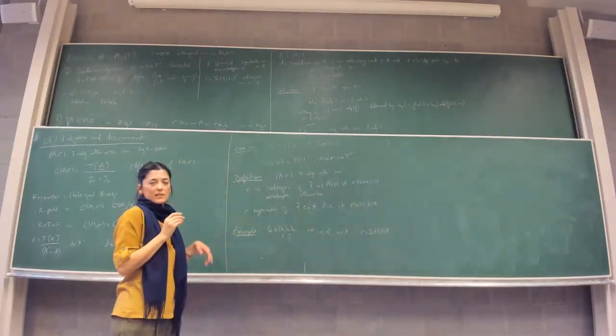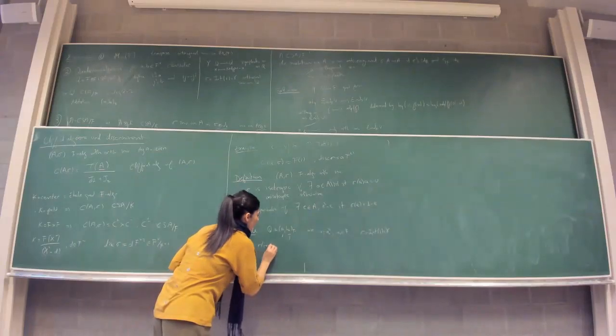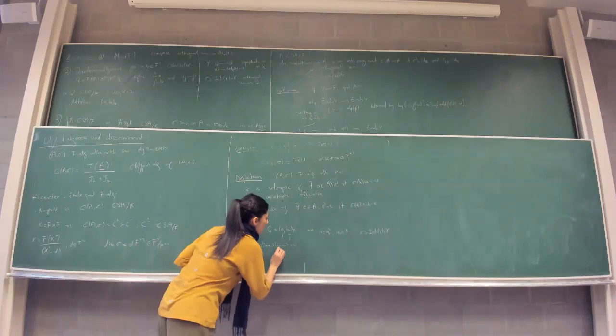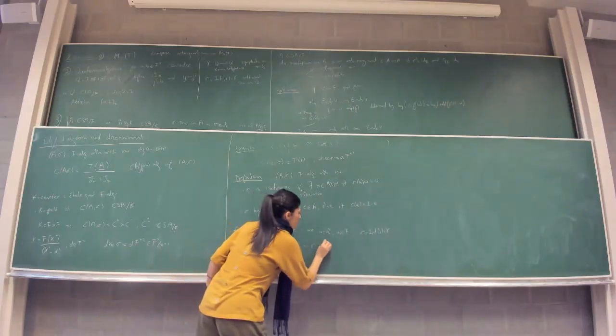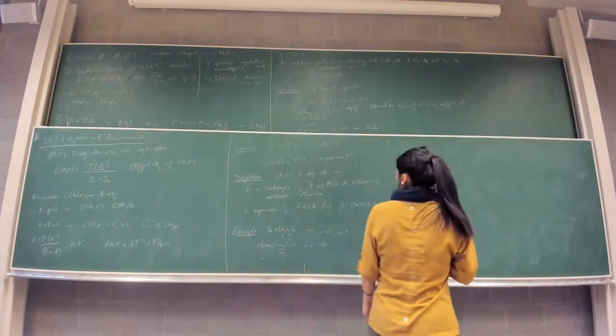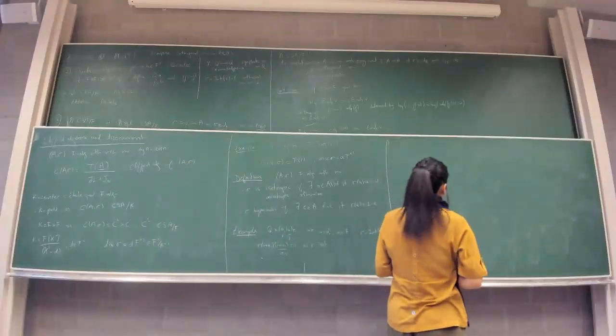It is not hard to see that this is isotropic. Basically, you have 0, 0, and this is not 0.